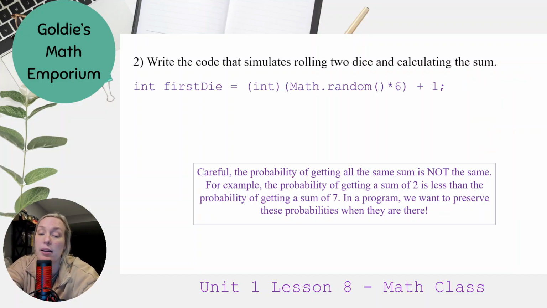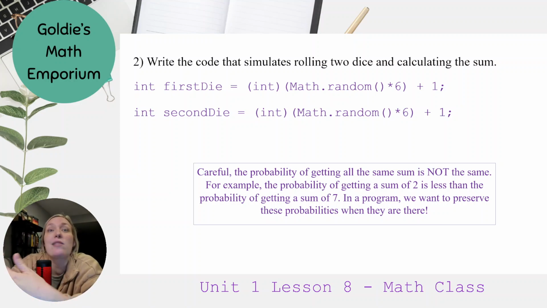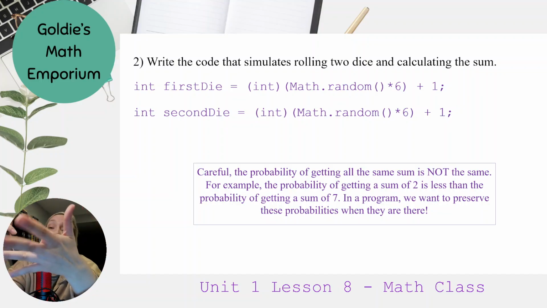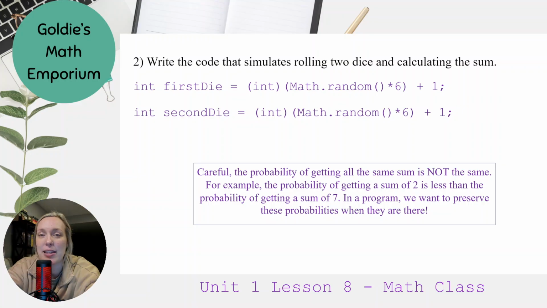So what do we do instead? Well, we just make the code match what's actually happening in the real world. In the real world, we're rolling 2 dice randomly, and with each roll of a die, every number is equally likely. So let me just simulate that in my program.